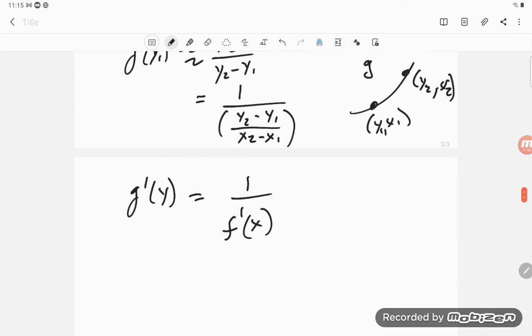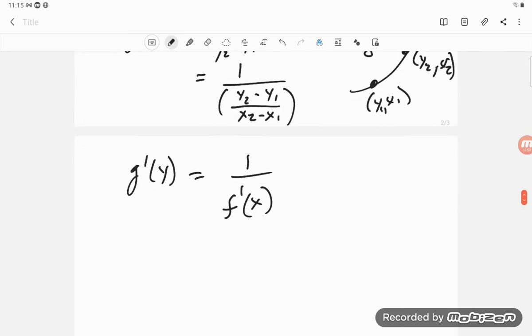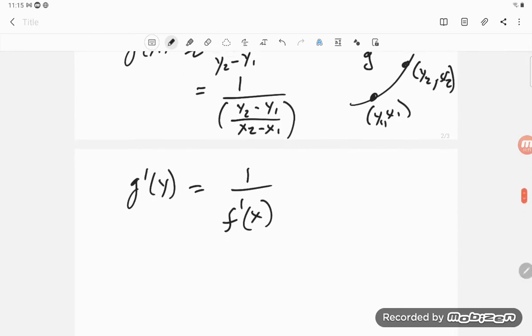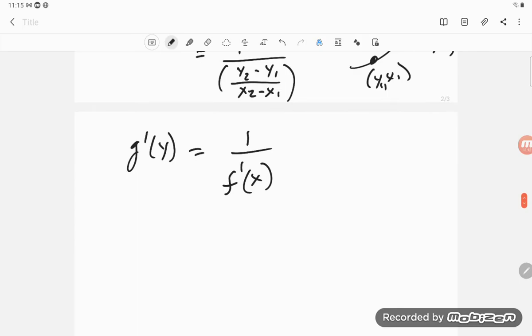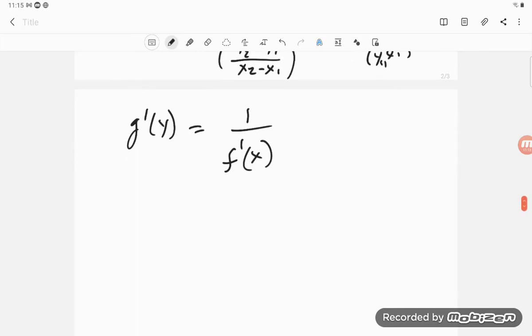Okay, and so now the thing is that likely we would like to talk about g prime of x, probably, and so I can always swap the x and the y's at any time, and just knowing that well, I can call x y and y x.